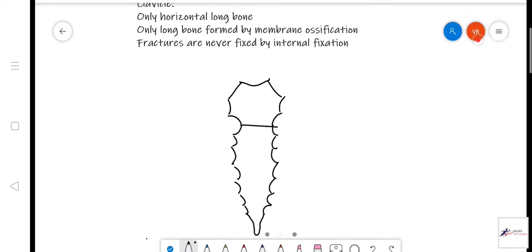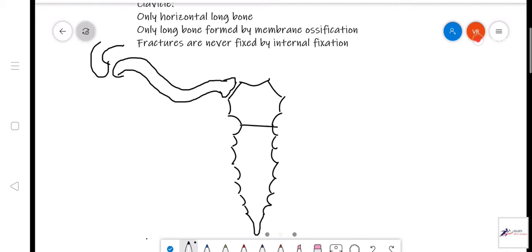The clavicle articulates with the upper part of the manubrium sterni at this end, and that is the sternal end. The sternal end arches anteriorly like this and goes posteriorly concave like that. So this is the articulation here.